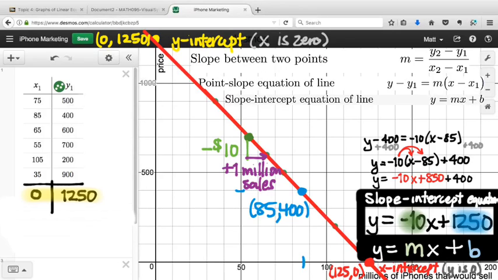Why am I selling no iPhones at that point? Because I've jacked the price up so high that all of my demand is evaporated. Right? So there is a price point at which no one in the world is going to buy an iPhone anymore. This is a pretty simplistic model, but that's what this model would be telling us, right? So by the time I'm charging $1,250 for each phone, nobody wants to buy anymore, and so I don't sell any iPhones at that quantity.